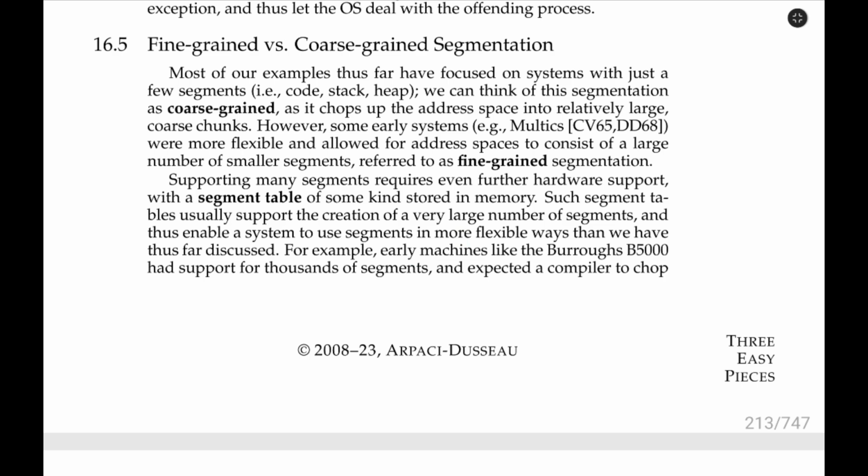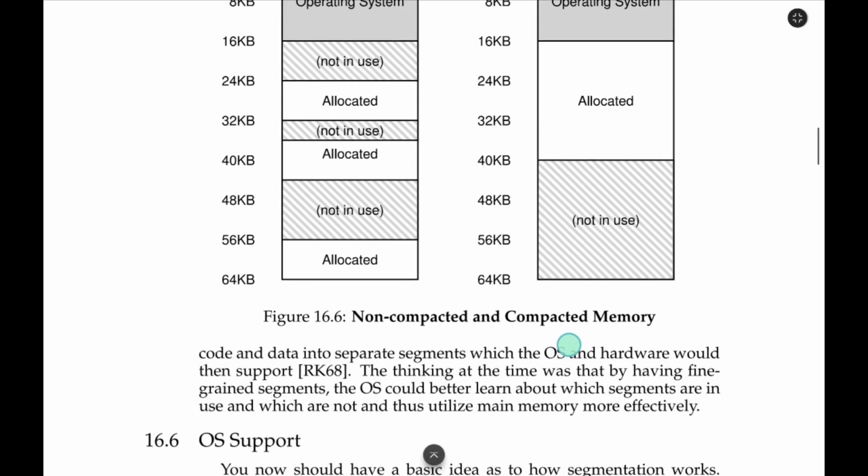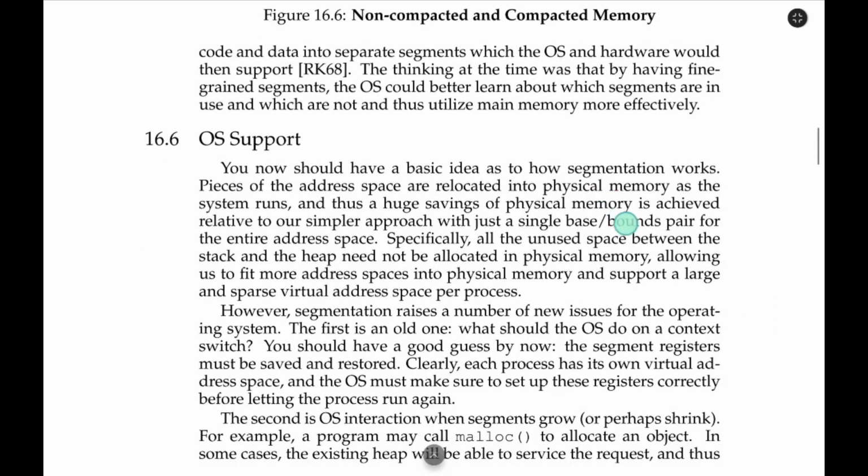For example, early machines like the Burroughs B5000 had support for thousands of segments and expected the compiler to chop code and data into separate segments, which the OS and hardware would then support. The thinking at the time was that by having fine-grained segments, the OS could better learn about which segments are in use and which are not, and thus utilize main memory more effectively.